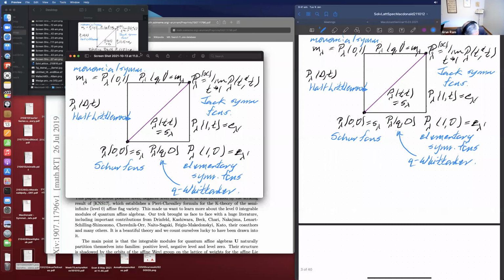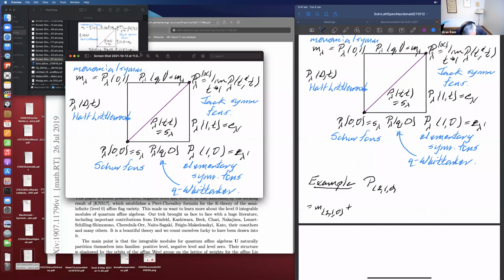So my favorite example is P210. I'm working in 3 variables, x1, x2, x3, and this is a little staircase partition. If you write it out in terms of monomial symmetric functions, you get m210 with coefficient 1, and then you get lower terms in dominance. M111 is the only other partition in dominance.